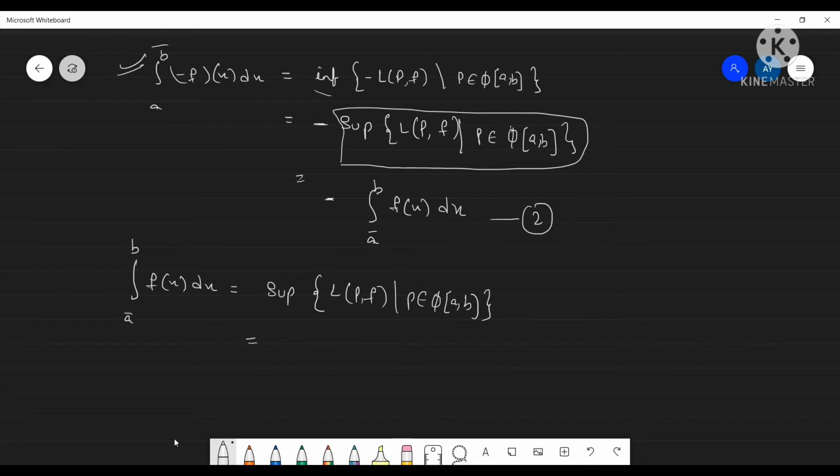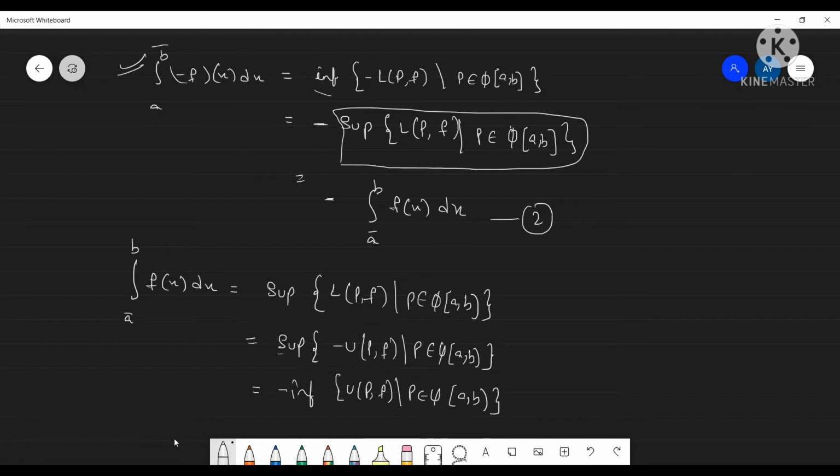This is equal to supremum of minus U(P, minus f) such that P belongs to phi of a, b. Now supremum can be written as minus infimum: minus infimum of U(P, minus f) such that P belongs to phi of a, b. Now what is infimum? By the definition of the upper integral a to b, minus will be as it is. This will be the upper integral a to b of f of x dx. Okay.